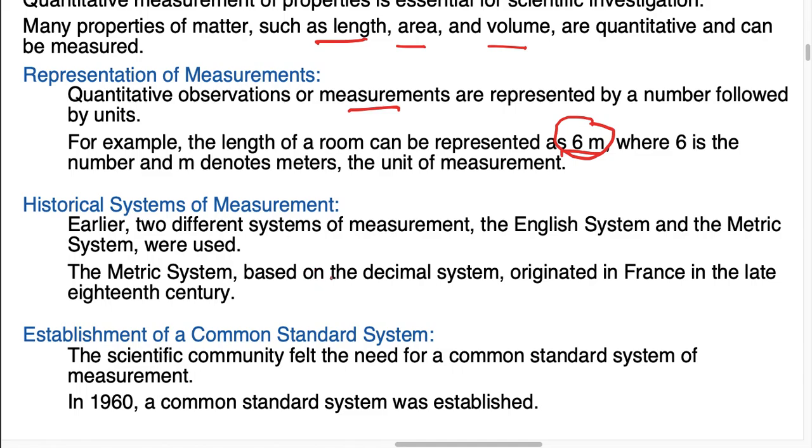The metric system, based on the decimal system, originated in France in the late 18th century. If you want to know about this historical measurement and other stuff, I suggest you go through the NCERT book.